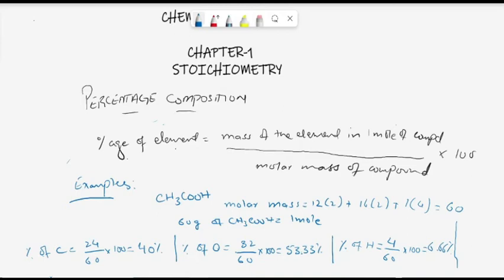So we have 6.66, we have 53.33, and then we have 40.00. This is equal to 99.99, so almost 100%. So all of these three elements make up 100% of an acetic acid molecule.